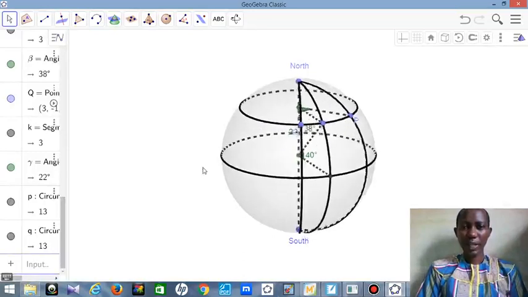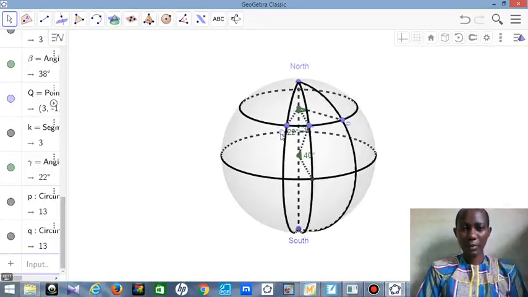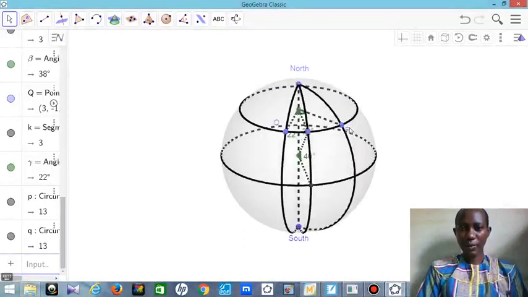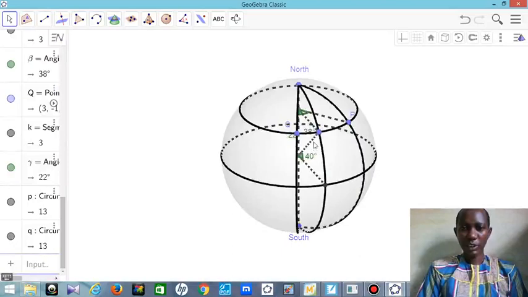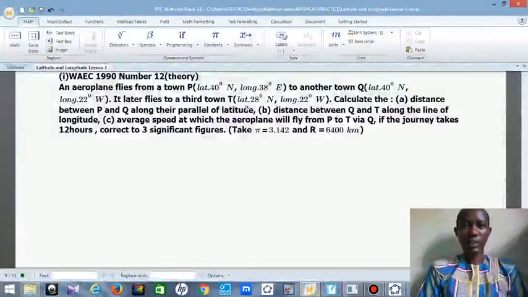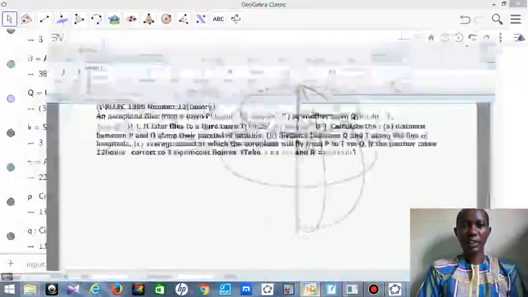Okay, then remember Q and P. Let me position this Q and P. Q and P, they are on latitude 40 degrees north. You can see it. Then the next point we need to locate is point T, which is 28 degrees north.